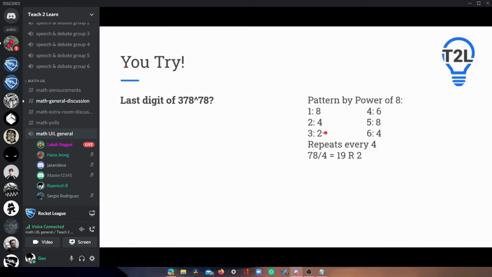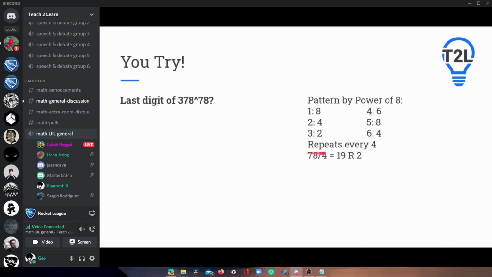Since it wants us to do 8 to the power of 78, you just divide 78 by however many times the sequence repeats. Since it repeats every 4, which is usually the case for all bases, divide 78 by 4 to get 19 remainder 2.